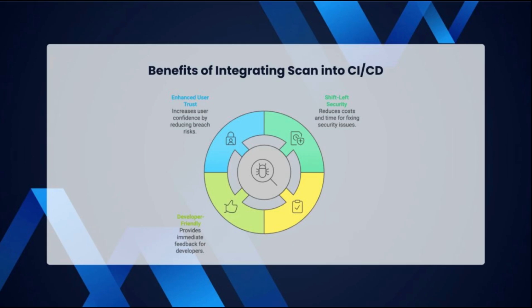Shift left security. Security is handled early in the development process, reducing the cost and time needed to fix issues later. Improved compliance. Many industries have regulations that require regular security checks. Automating scans helps meet these requirements effortlessly.